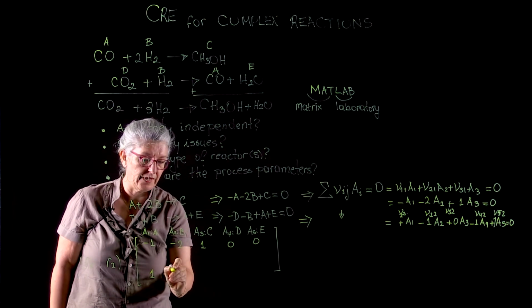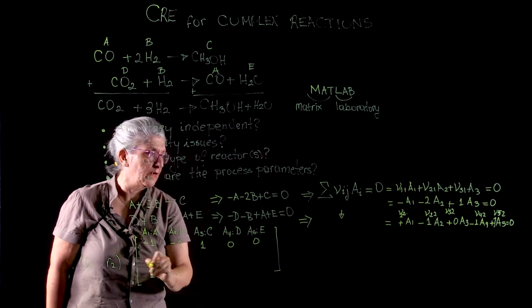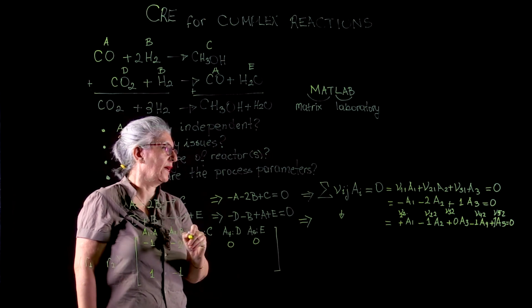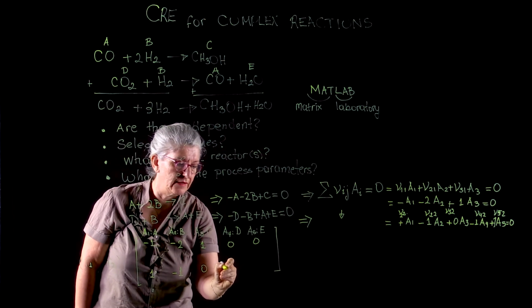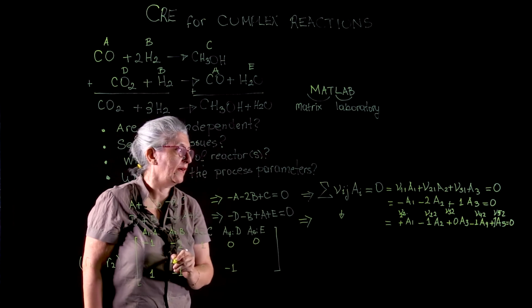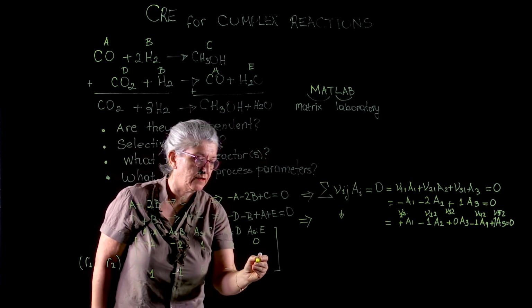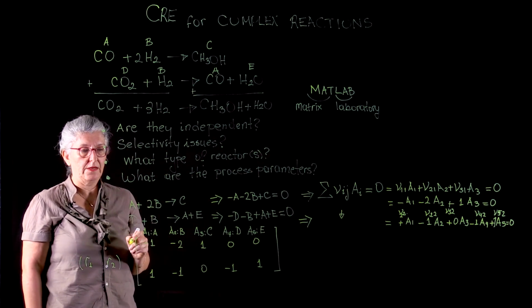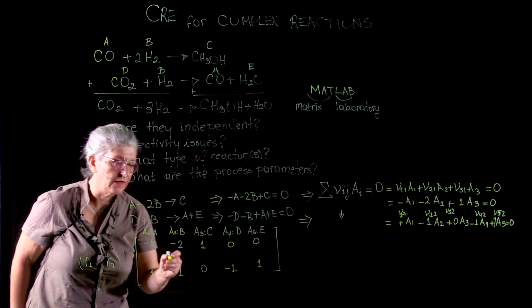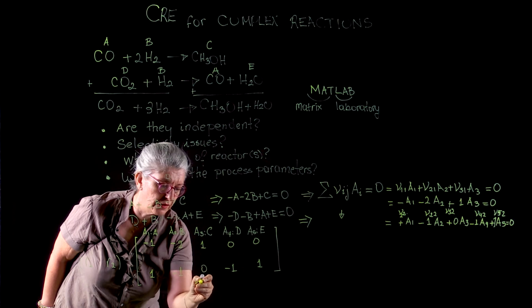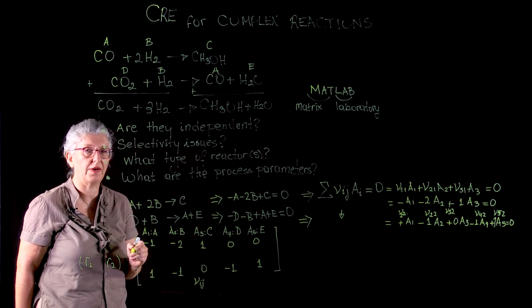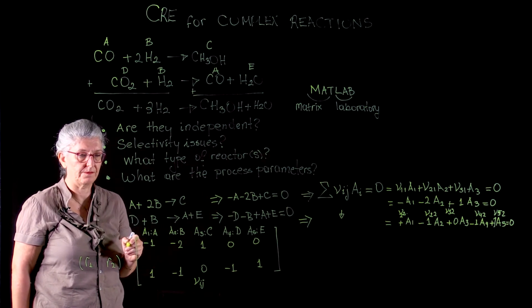A2 is minus 1. A3 is 0. A4 is minus 1. And A5 is plus 1. Okay? So we have generated our nu ij matrix or nu ij tensor.